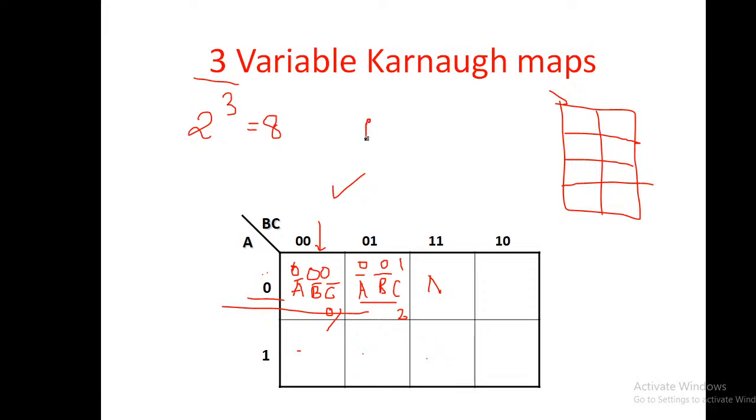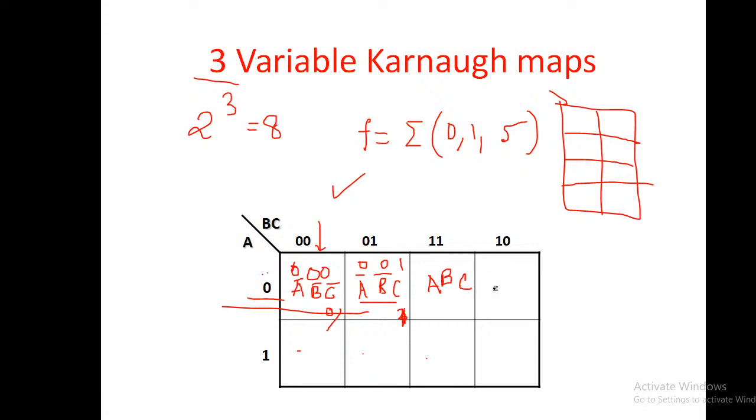So if you are given a function like f equal to sum of 0 and 1 and 5, I will be solving this one later, okay? So you can directly put 1 in this position. You can directly put 1, sorry, this will be 1, right? 0 0 1 is 1. So this will be a bar b bar c, okay?